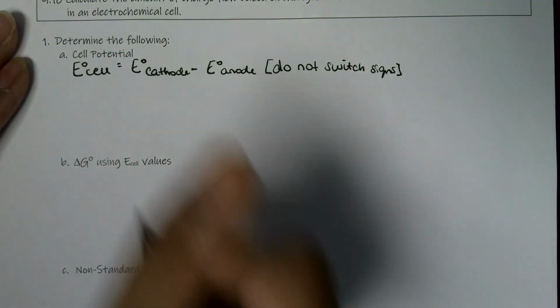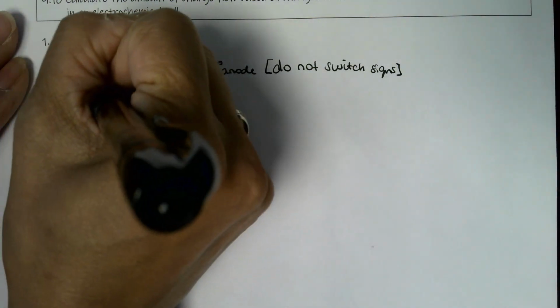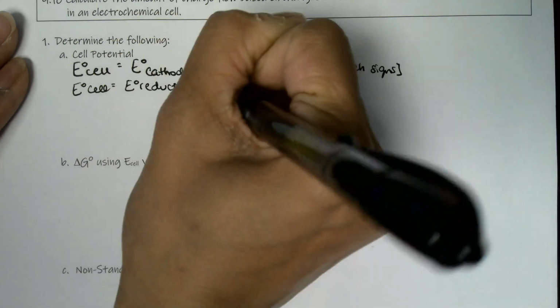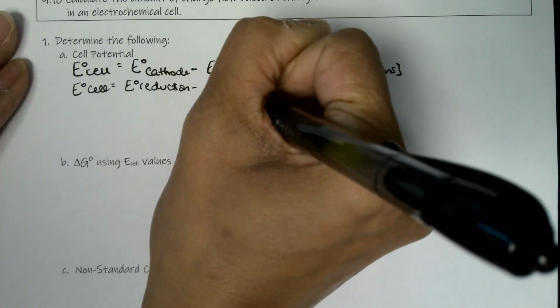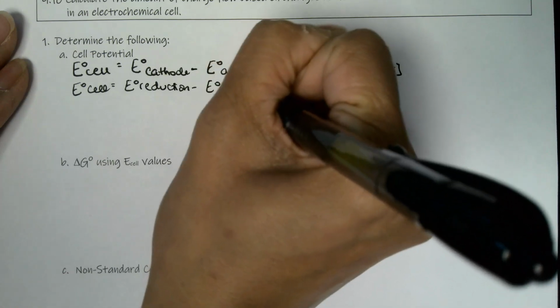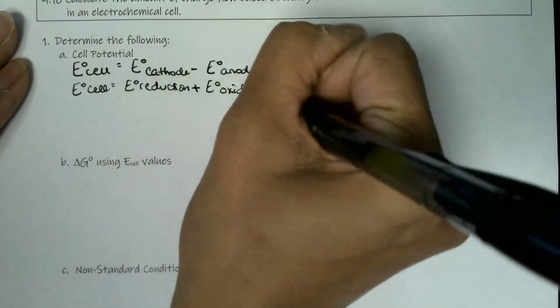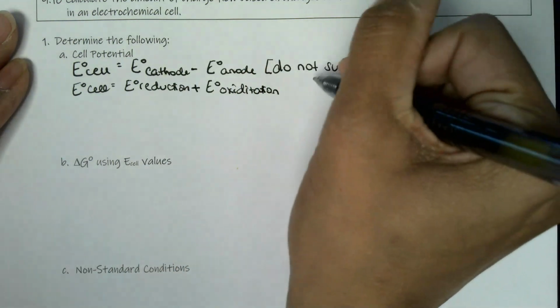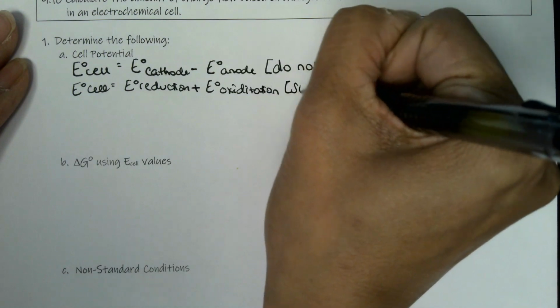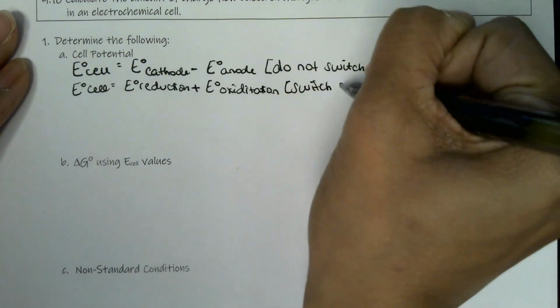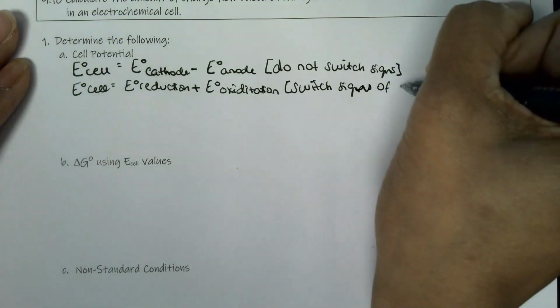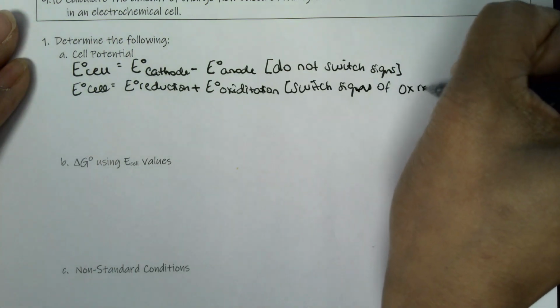We can also do the E cell value is equal to the E of the reduction reaction plus the E of the oxidation. Oh, sorry, plus. And this is if we do switch the signs of E. Specifically, we would switch the sign of the oxidation reaction.